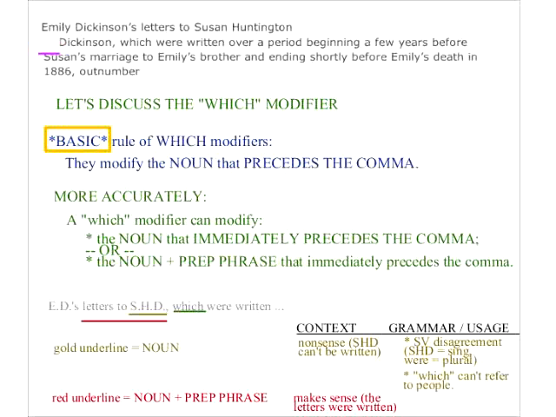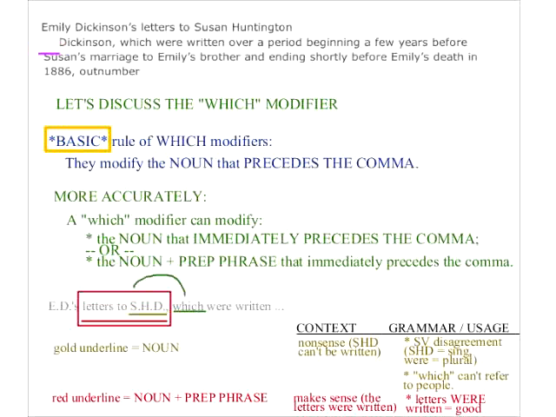But the grammar and usage of the red version is perfect. I mean, the letters were written. That makes sense in terms of both singular and plural, and the which and who issue. Like you actually do want to use the word which for letters. You don't want to use the word which for SHD, but that's not what we're pointing to. So as it turns out, in this case, the modifier which is actually pointing to all of this, not just Susan Huntington Dickinson.